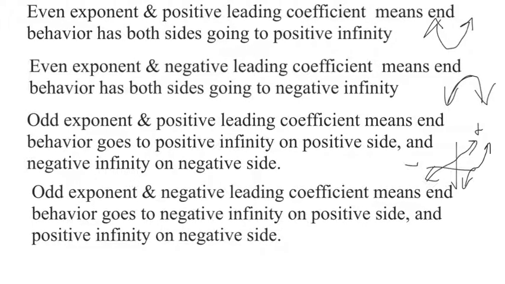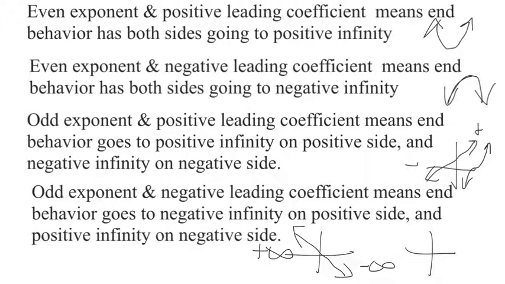When you have odd exponents and a negative leading coefficient, that would flip these graphs, which would also flip the behaviors of the ends. So it goes to negative infinity on the positive side and trends towards positive infinity on the negative side. So if we're talking about a linear function, it goes down to negative infinity down this side, up to positive infinity on that side.